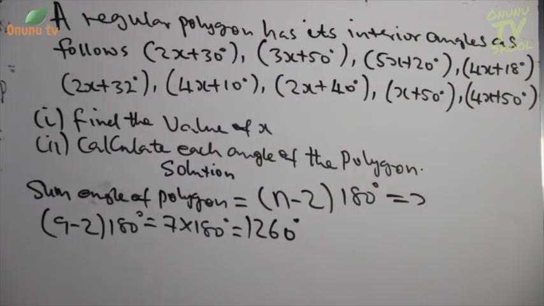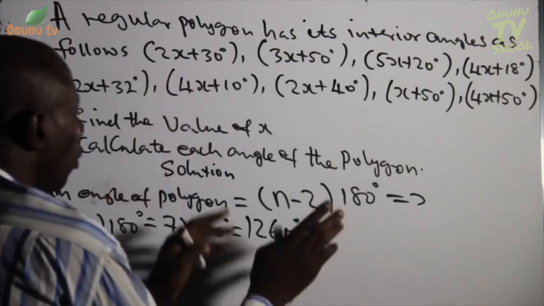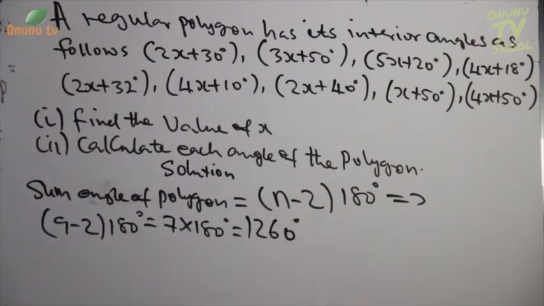Now, after that, all we have to do is to add these angles and equate it to this 1,260. Let's go on.